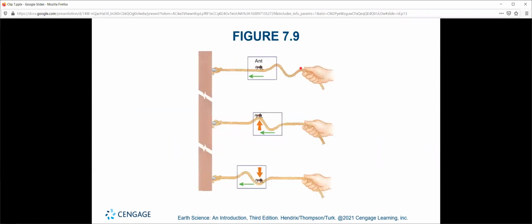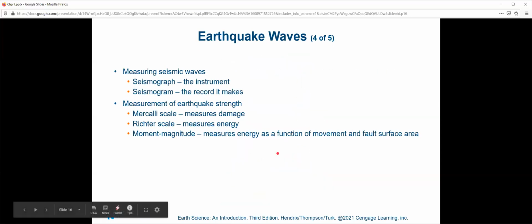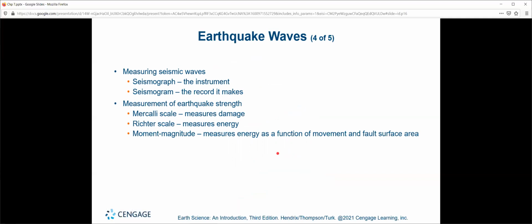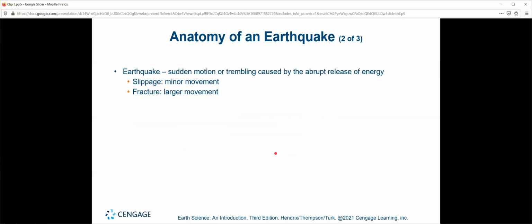The energy is being transferred, being moved, but the further away you get, the less energy there is. So a Richter scale or a moment magnitude scale, which is a better measurement of energy, essentially tells you how close the earthquake was and how big the earthquake's energy release was, right? A slippage versus fracture comparison.